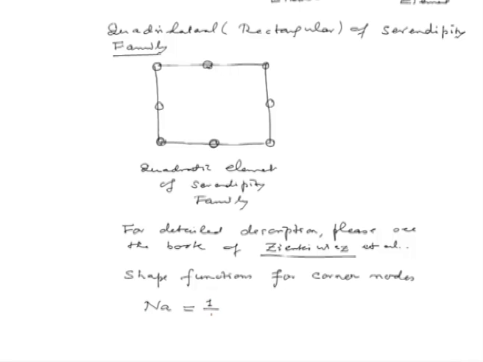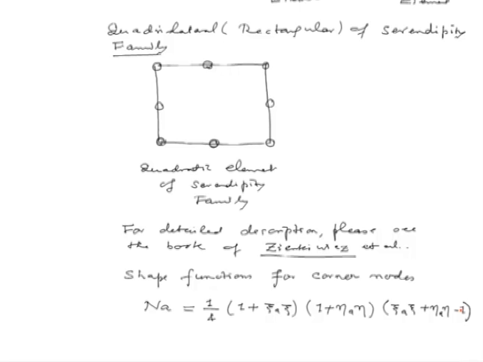So this is 1 by 4 (1 plus xi_a xi)(1 plus eta_a eta), multiplied by a modifier term (xi_a xi plus eta_a eta minus 1).